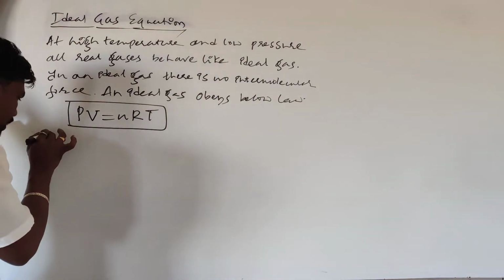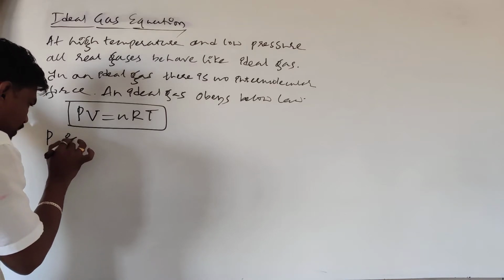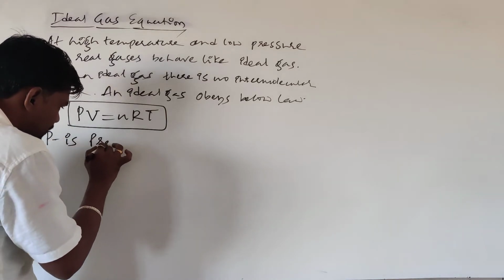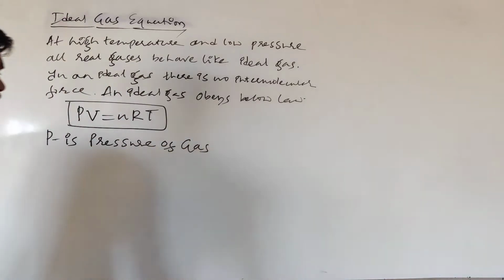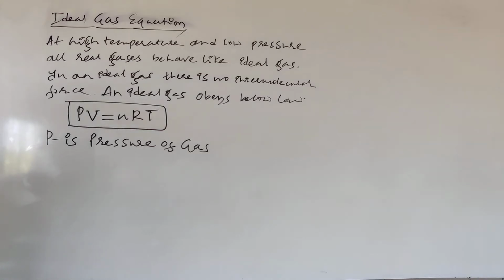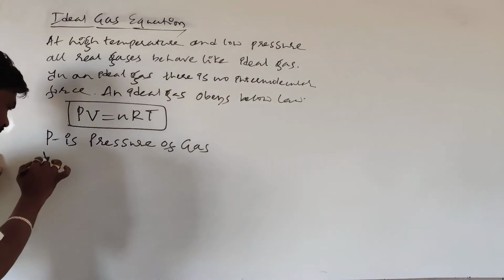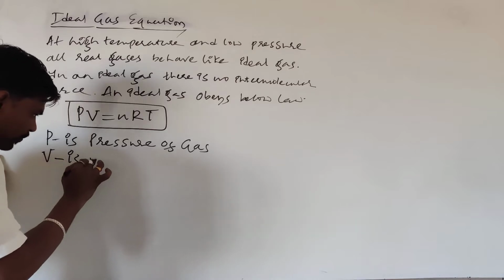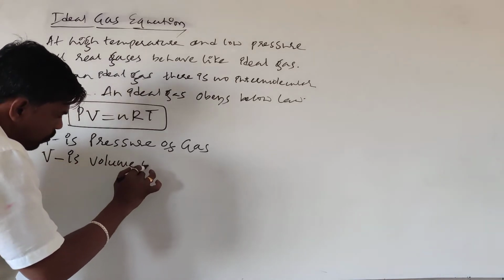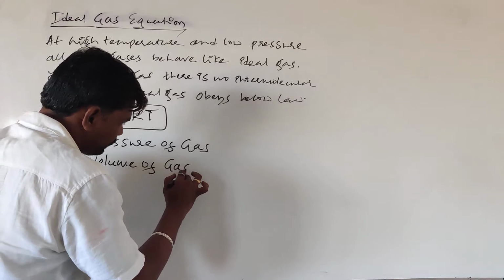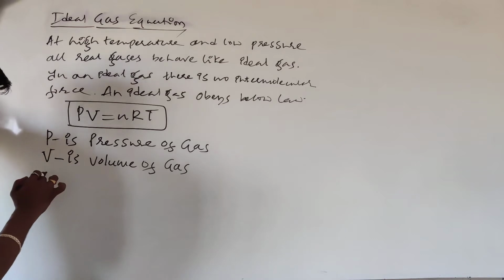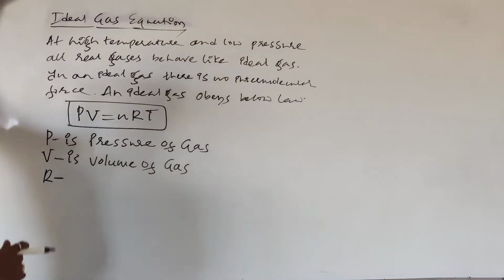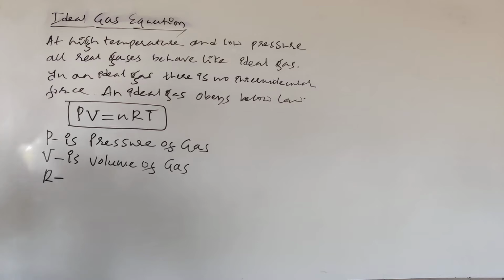Here in this equation, P is the pressure of the gas. V is the volume of the gas, right? We write R last.